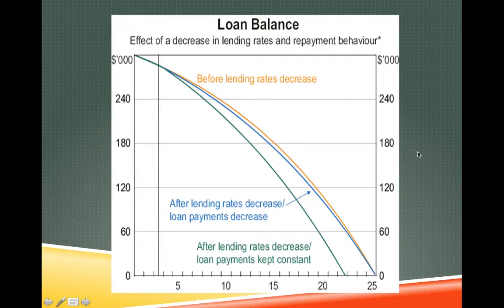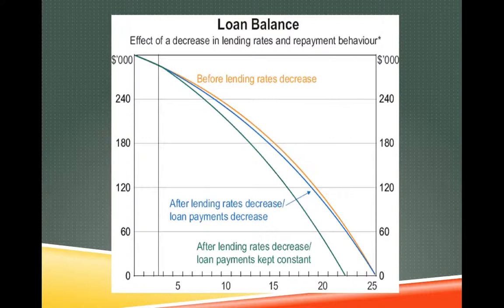Graphs are often used to tell us the story and show us how a loan will progress and what certain decisions' effect will be. If we looked at this graph, the yellow line shows us how it will work if we pay back a specific loan at a specific interest rate.